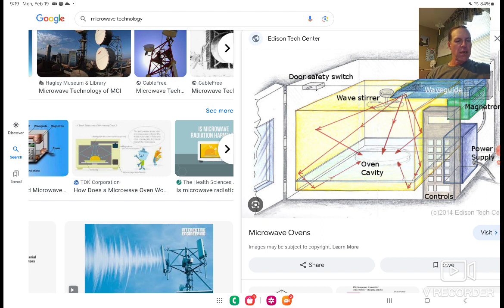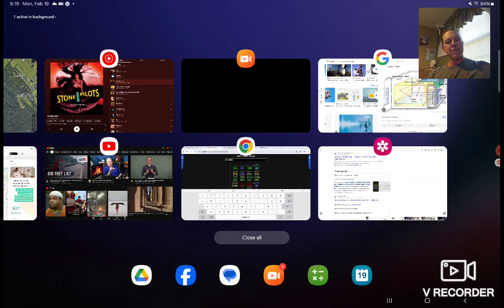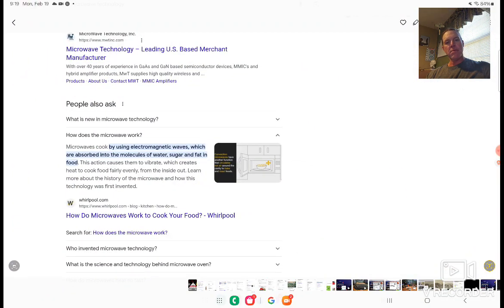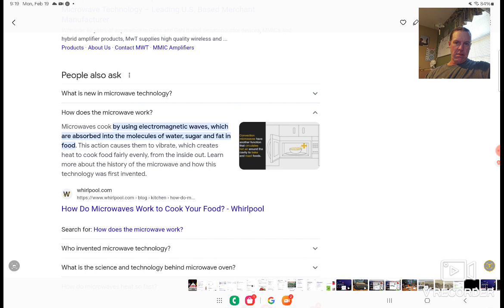But see, magnetic, hang on. Electromagnetic waves are absorbed in the molecules of water.